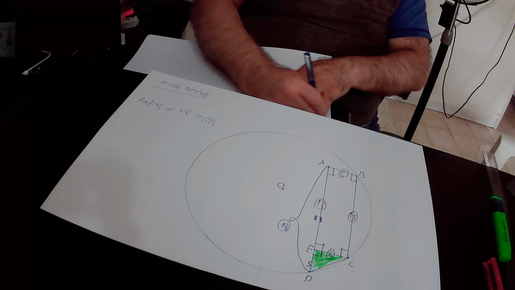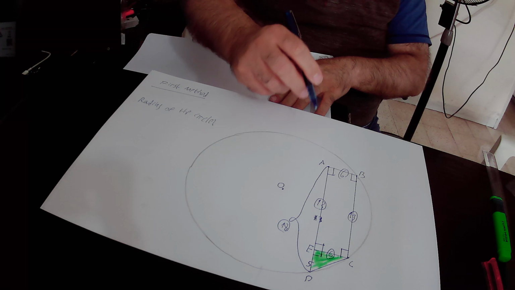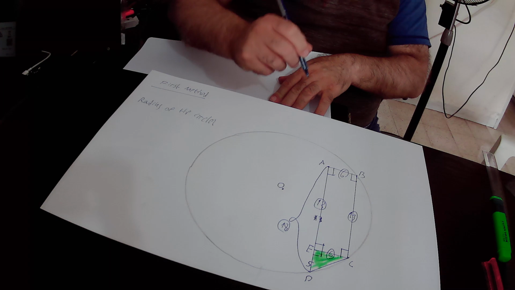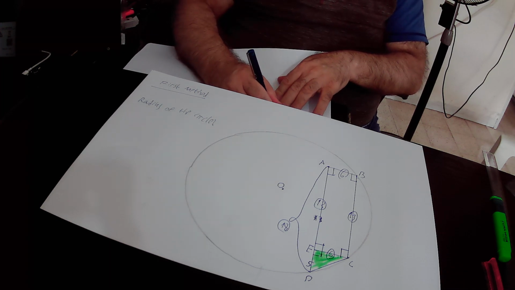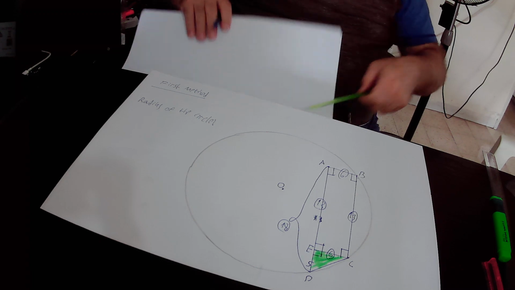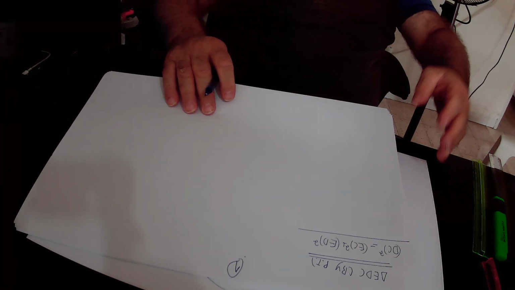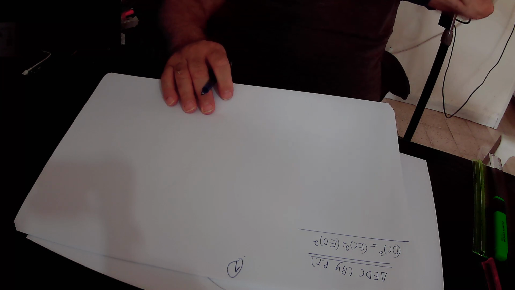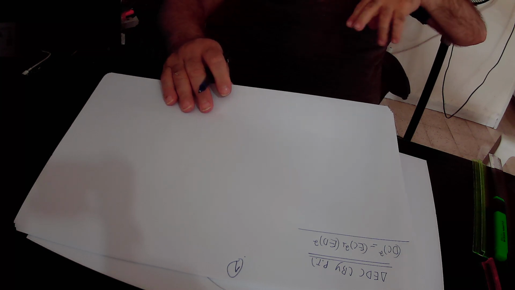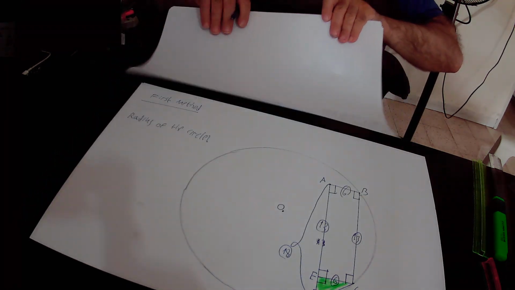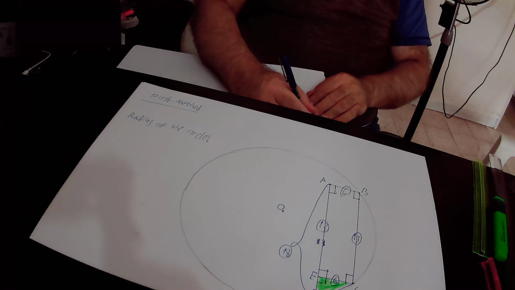That is to say, it must be equal to EC square plus ED square. In conclusion, according to the Pythagoras theorem, in the right small green triangle EDC, DC square equals EC square plus ED square.